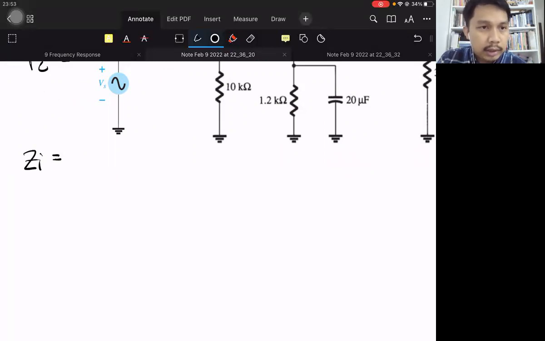So this is in our summary tables, chapter 8, chapter 5. So voltage divider.